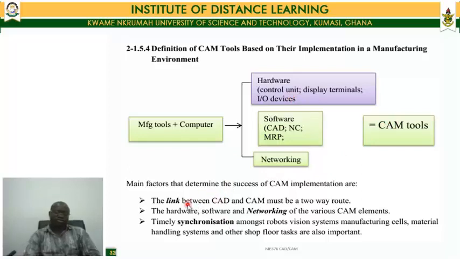Okay, so we basically say that the main factors that determine the success of a CAM or computer-aided manufacturing implementation are these three. That is, for a CAM system, the link between CAD and CAM must be a two-way route.